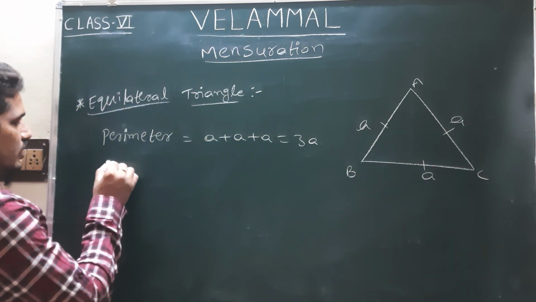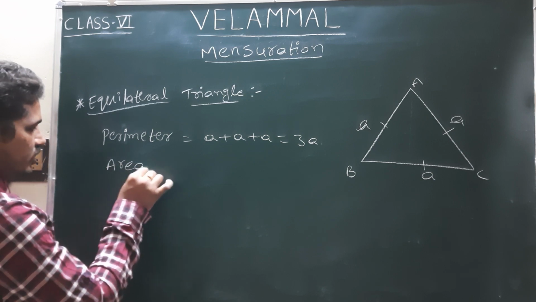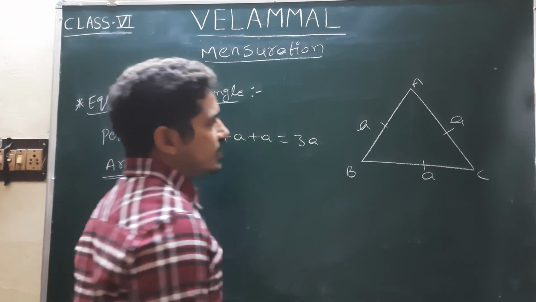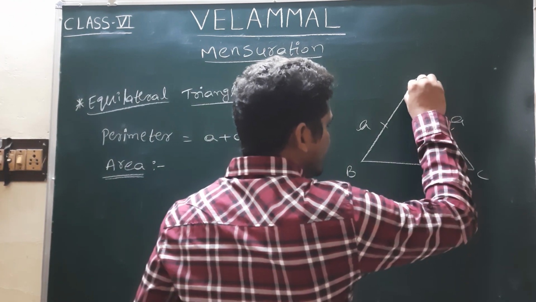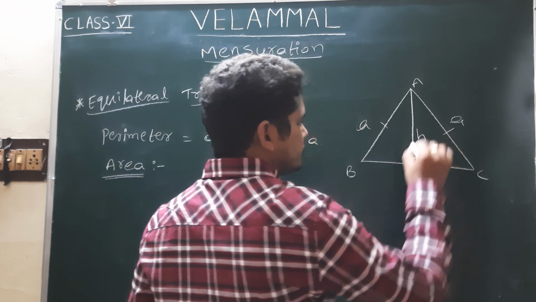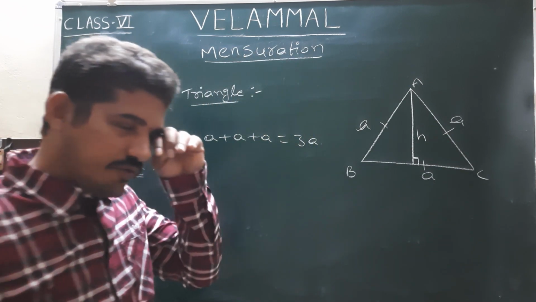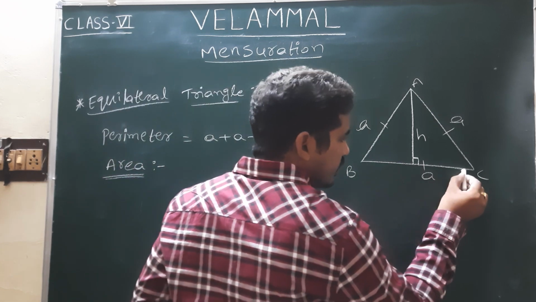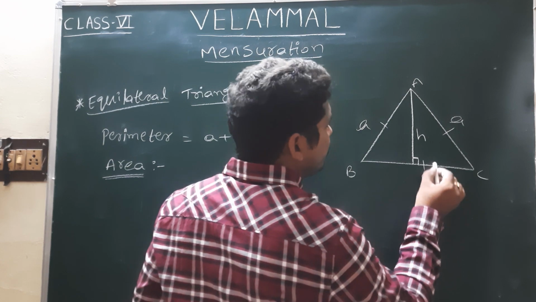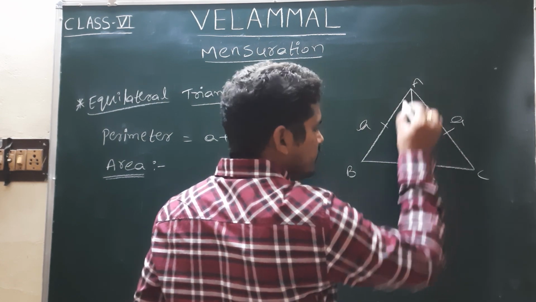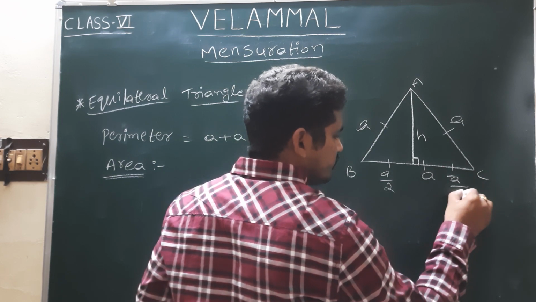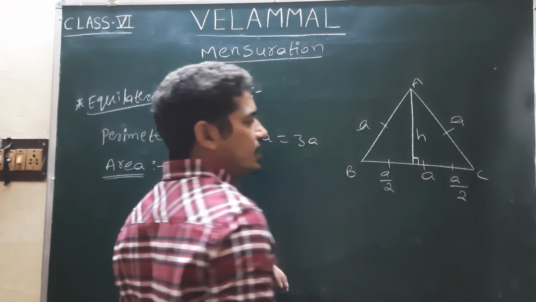Next, area. It is the very important one. We need to find out the area. See, for finding the area, we first need to take the height. This one we are considering as the height, H. In the triangle, whenever we draw a perpendicular line to the base BC from the opposite vertex A, here we will get A by 2 and A by 2.